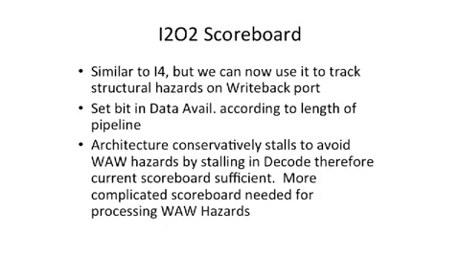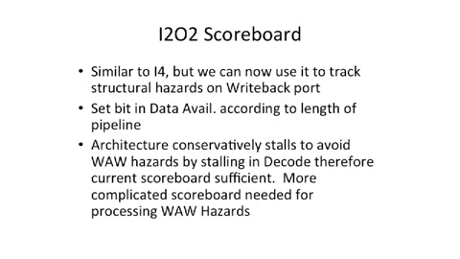So let's first take a look at the scoreboard for this in-order fetch, in-order issue, out-of-order execute, out-of-order write back, and out-of-order commit processor. So the scoreboard looks very similar to the in-order machine.